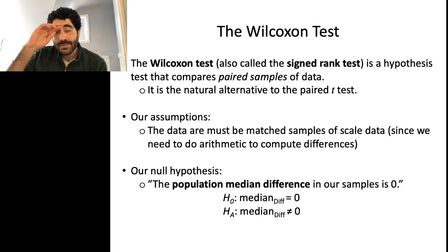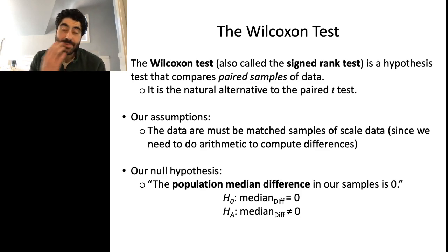Right. So our null hypothesis is that on average, and by average here we mean median, people's change between these two measurements we're getting from them is 0. So sometimes there's a positive change, sometimes there's a negative change. There's as many positives as there are negatives.